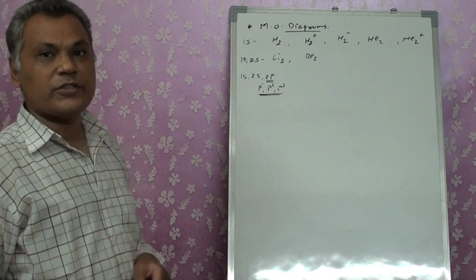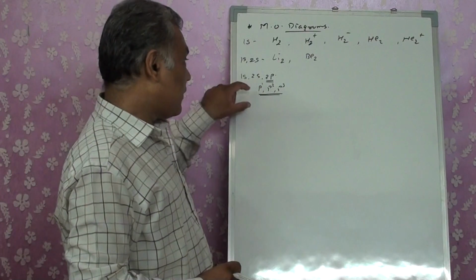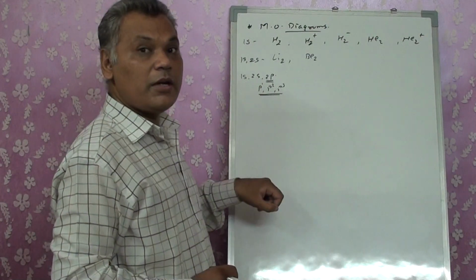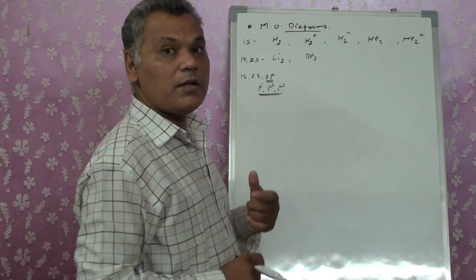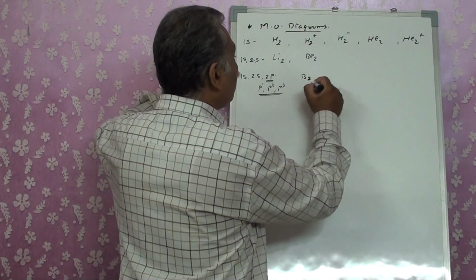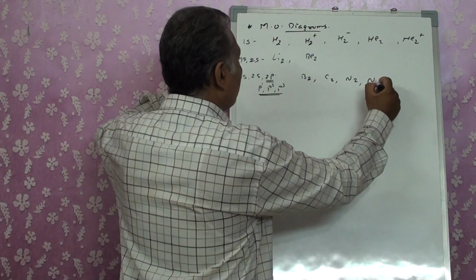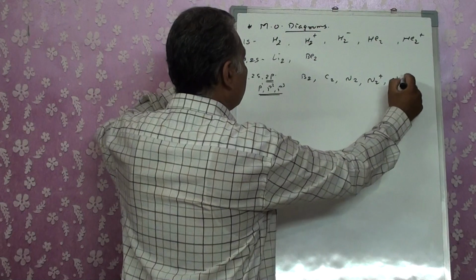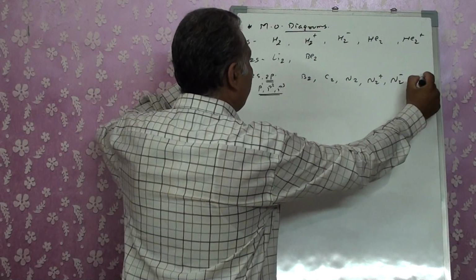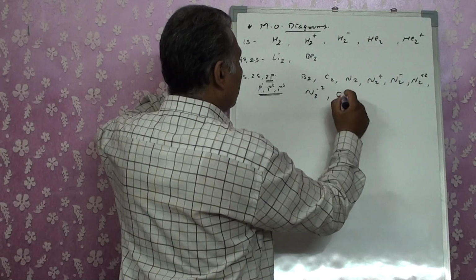In the energy sequence that we wrote, p1, p2 or p3 electrons are possible in the electronic configuration for B2, C2, N2, N2 plus, N2 minus, N2 plus 2, N2 minus 2.